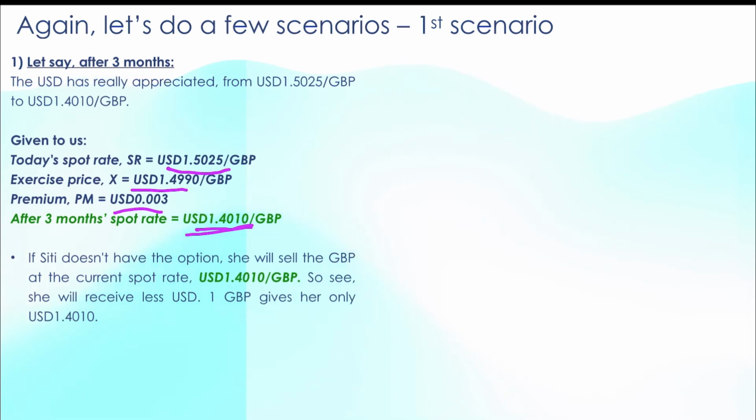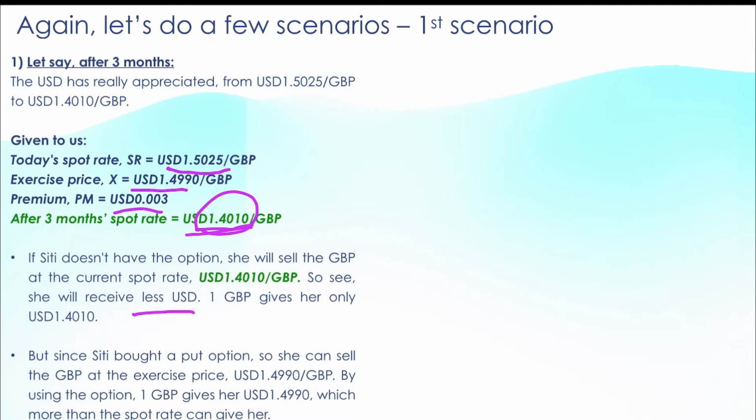So she will receive less USD because for 1 GBP only 1.4010 instead of today's spot price of 1.5025. But since Citi bought a put option, she can sell the GBP at the exercise price, which is 1.4990 per GBP. By using the option, 1 GBP gives her 1.4990, which is more than the spot rate can give her.